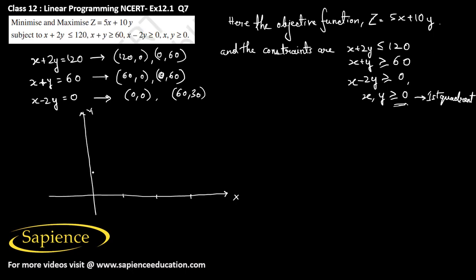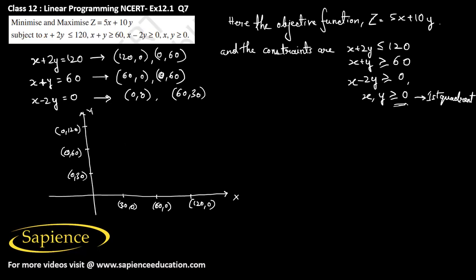Here also I can take 30, 60 and 120. Suppose here this is 30, 0. This is 60, 0. This is 120, 0. And this is 0, 30. This is 0, 60. And this is 0, 120.